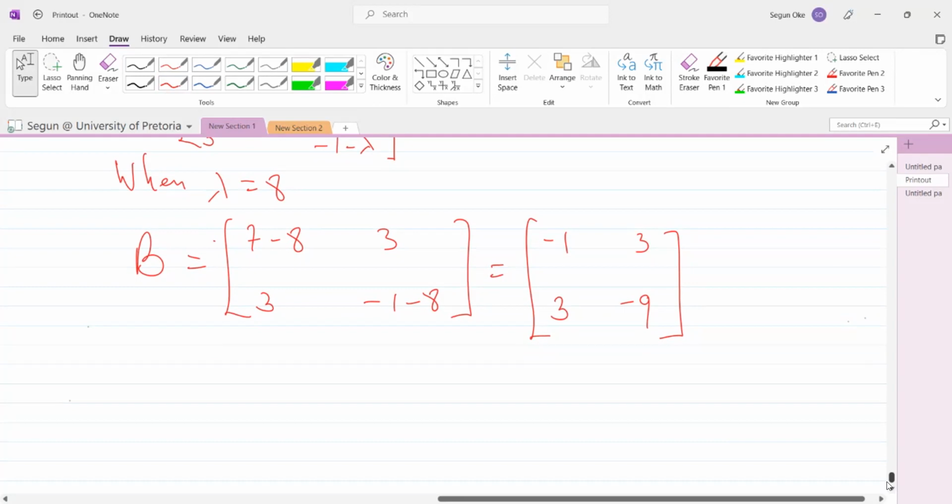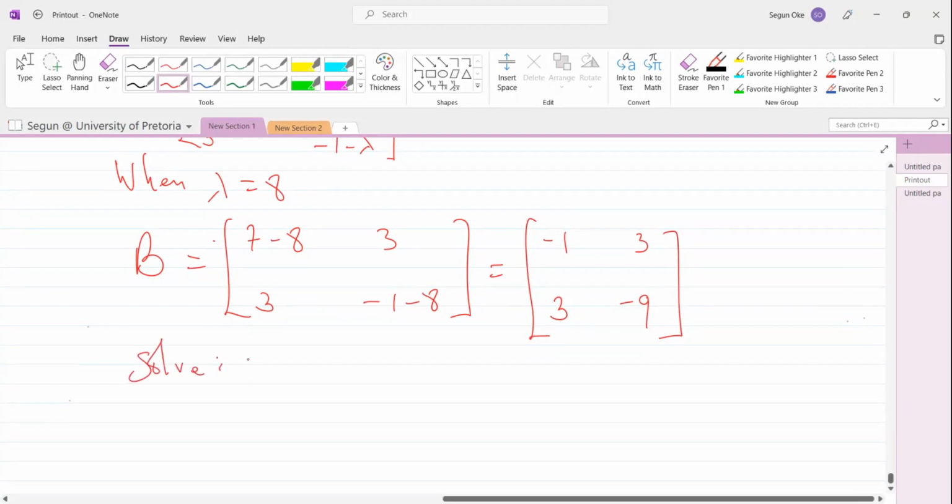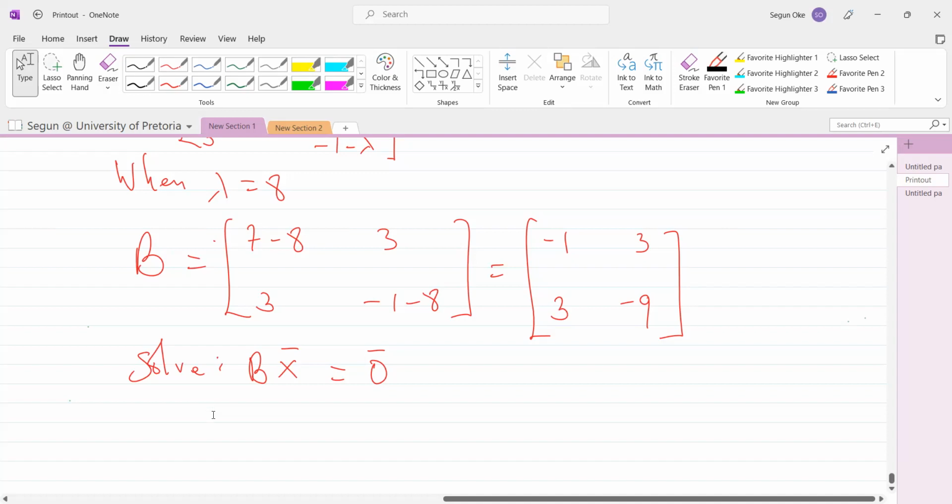Now, for matrix B, we are to solve Bx bar equals to 0 bar. That is the method. That's the formula for this. So for us to solve it, it's going to be an interesting equation now.